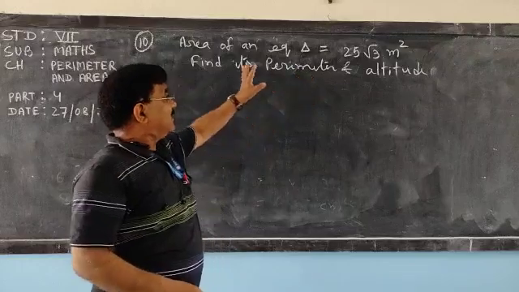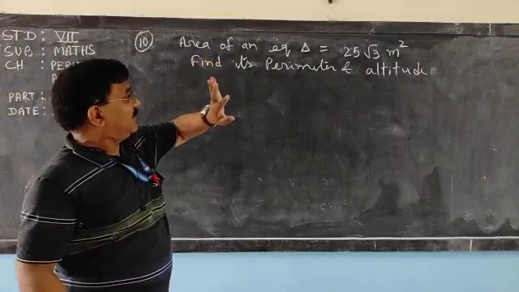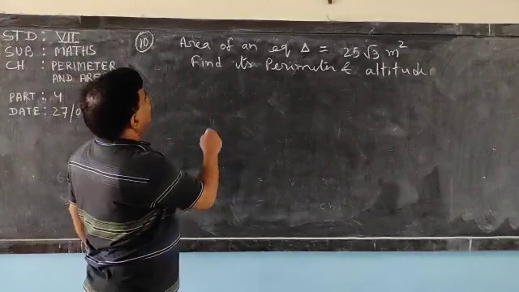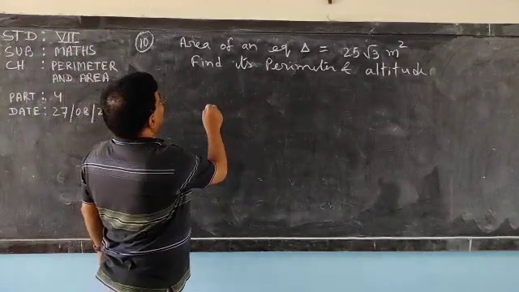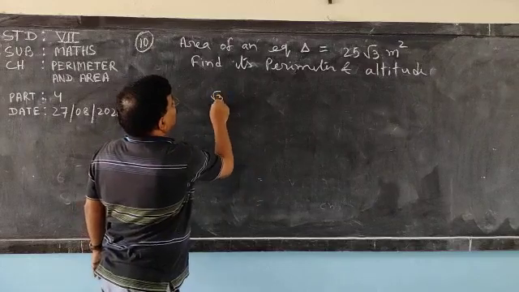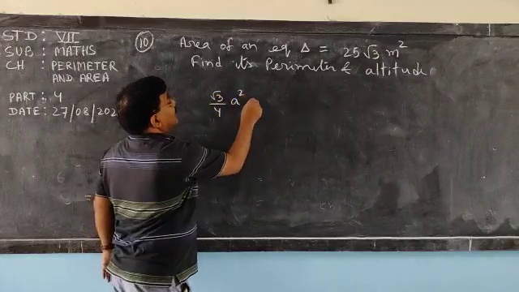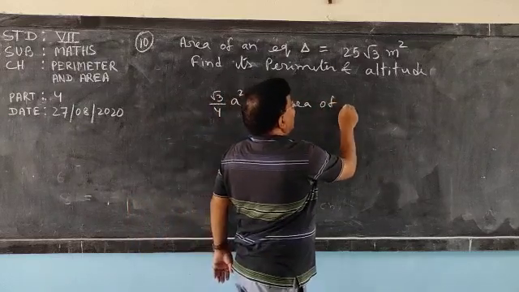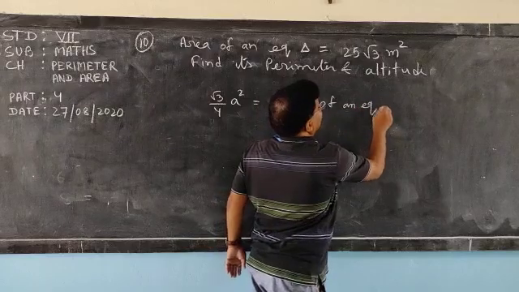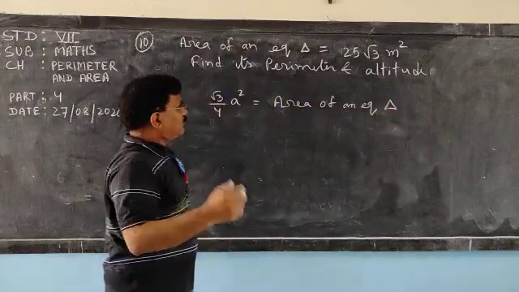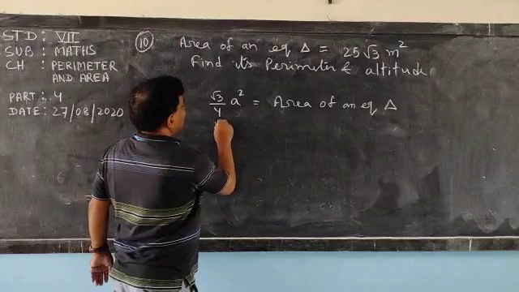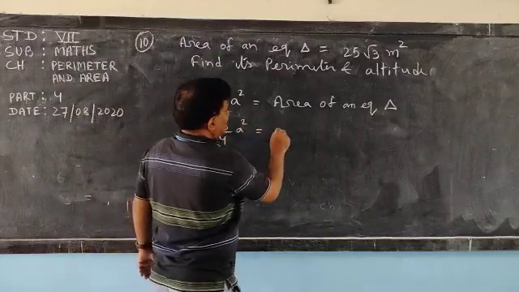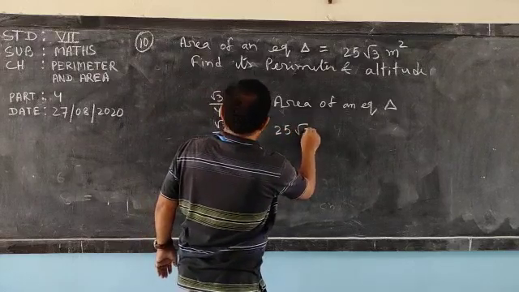But before that, let us find the side of an equilateral triangle from the area, which is 25 root 3. We are knowing that root 3 by 4 a square is equal to the area of an equilateral triangle. Just put the values. Root 3 by 4 a square is equal to 25 root 3.